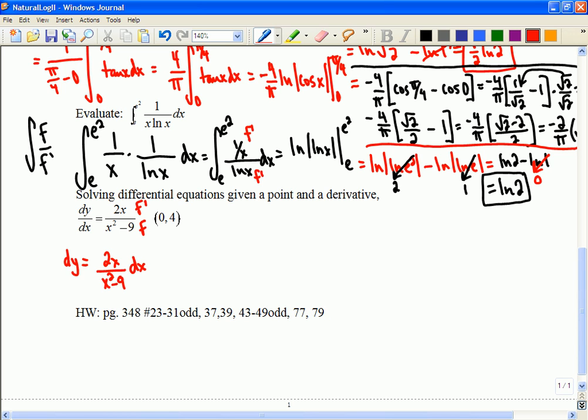And I can't remember if this is the first time we've talked about differential equations or not, but now what I'm able to do is if I integrate both sides, then I'm able to solve for what the original function was. So here, the left side's quite simple. The integral of dy is just y.